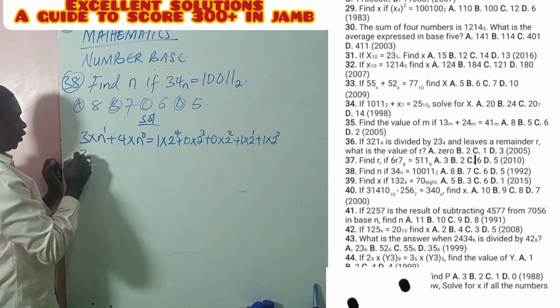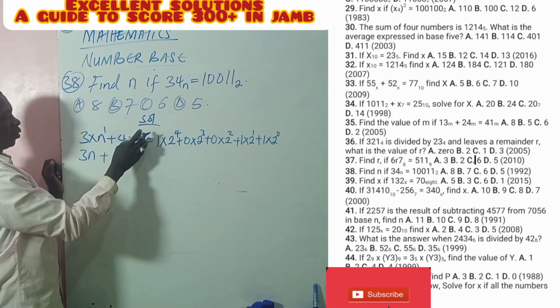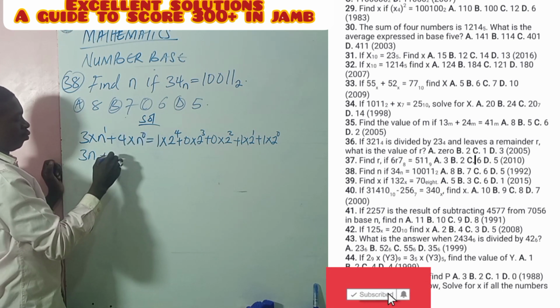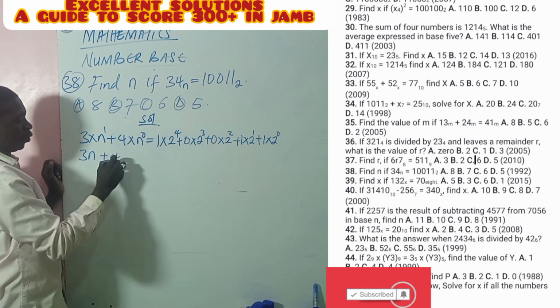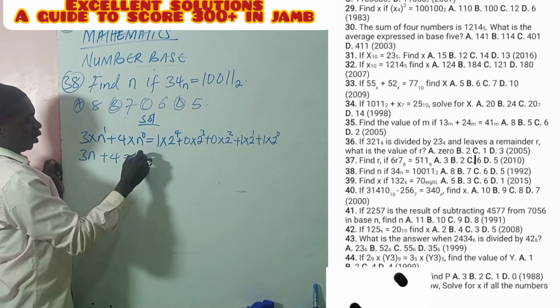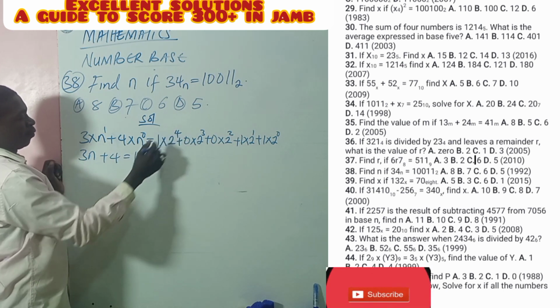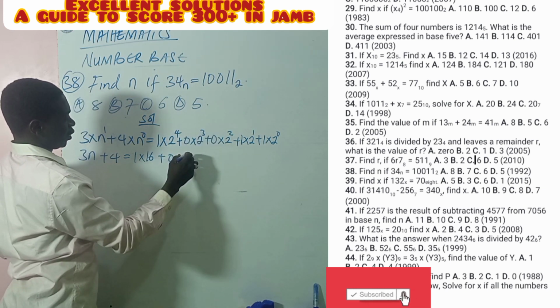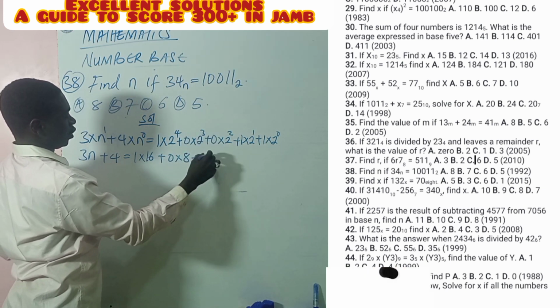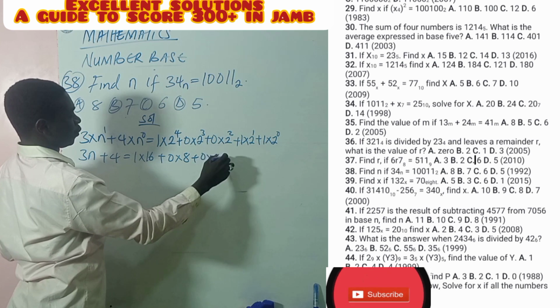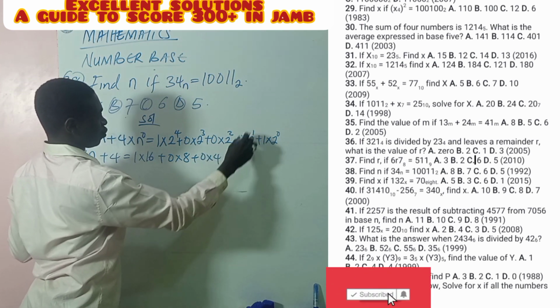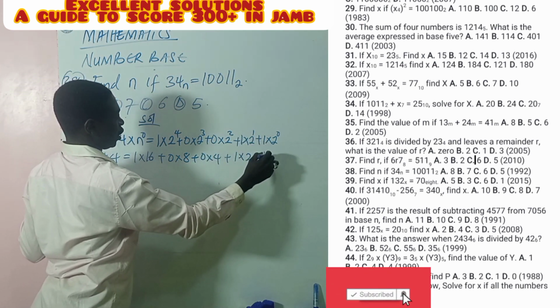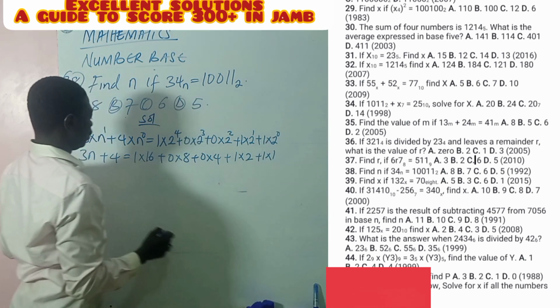So here we have 3n plus 4 times n power 0, which is 1, so we have 4 times 1, we have 4, equals 1 times 2 power 4, we have 16, plus 0 times 2 power 3, we have 8, plus 0 times 2 power 2, we have 4, plus 1 times 2 power 1 is 2, plus 1 times 2 power 0 is 1.